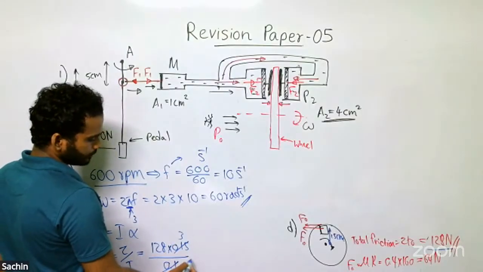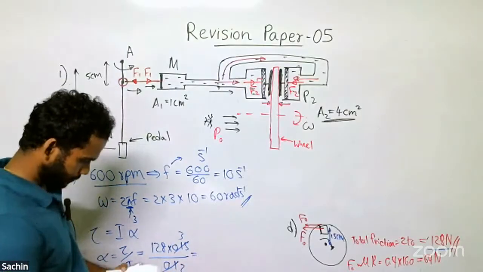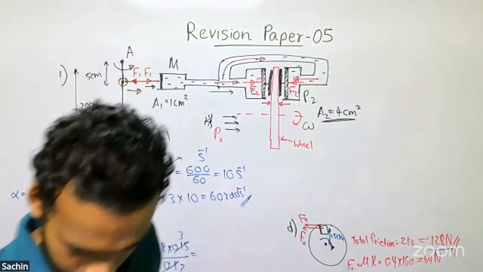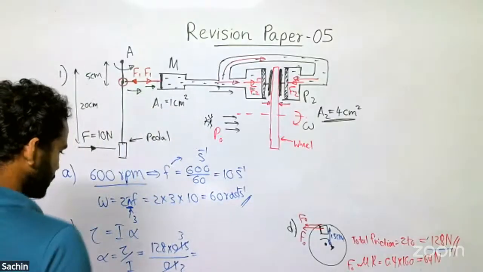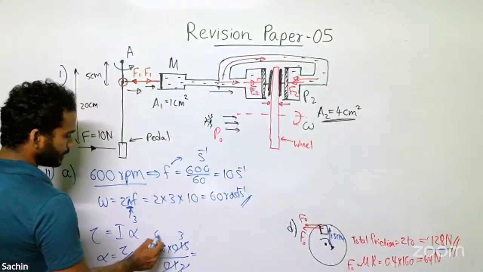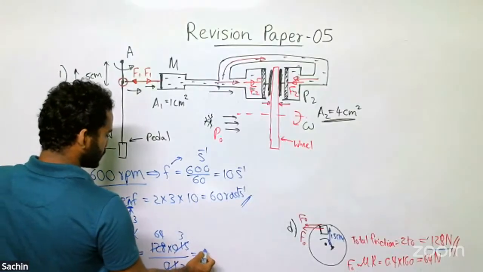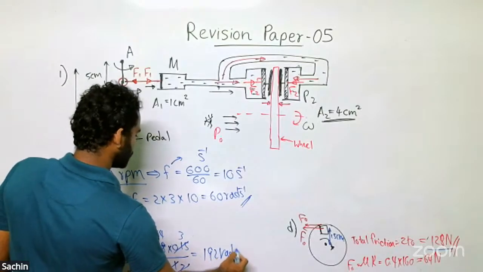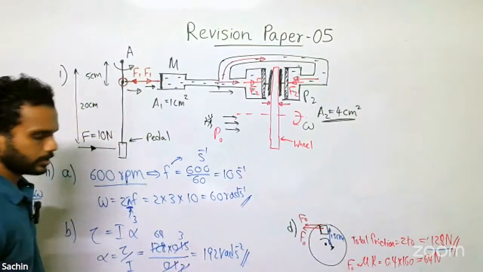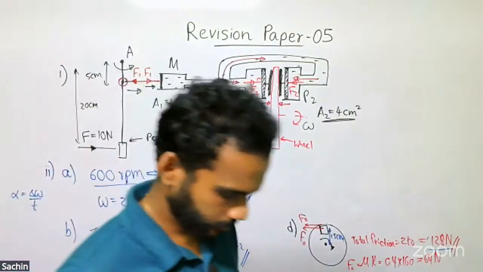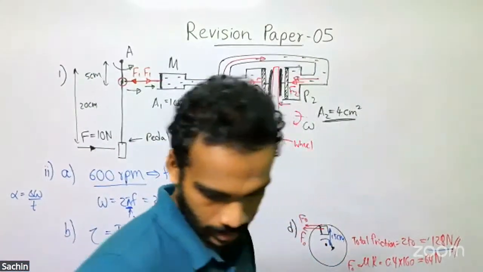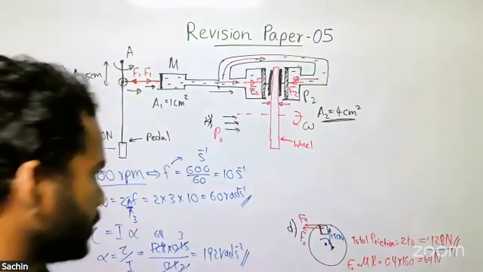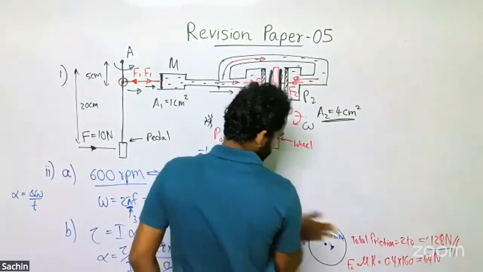You can simplify this, and you should obtain the answer 192 radians per square second. This should be your answer. Okay, I think all clear up to this point.